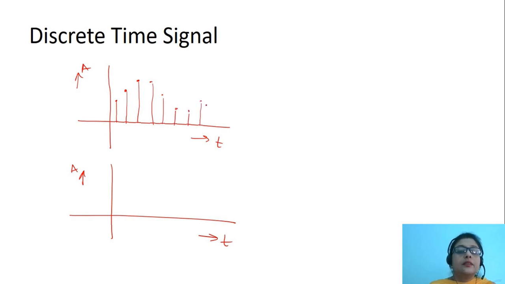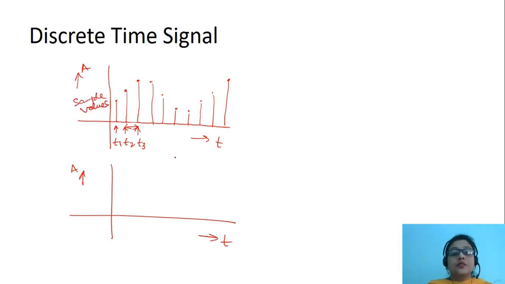Let's draw it like this. So this is basically a discrete signal because the signal exists only at these instances of time t1, t2, t3. And between t1 and t2 and t3, the signal does not exist. So these are basically the sample values of the signal. So this is a discrete time signal.